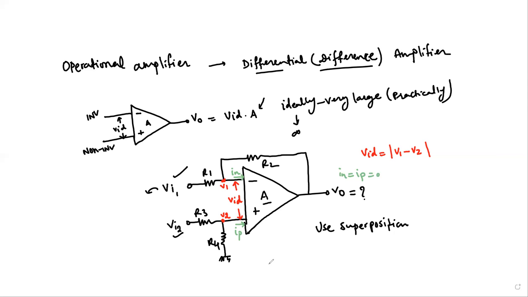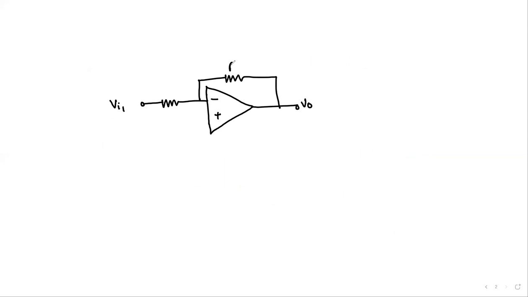So let's continue. Let us say we have to obtain VO1. With this, the circuit combination would be like this. Let's say VI1 is activated, and this is R2 and R1.